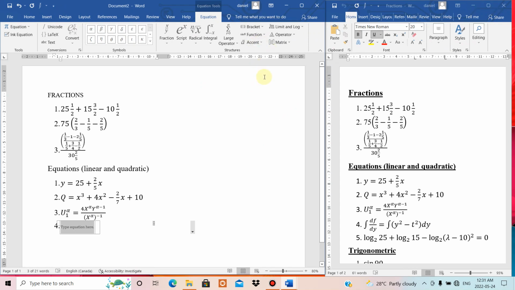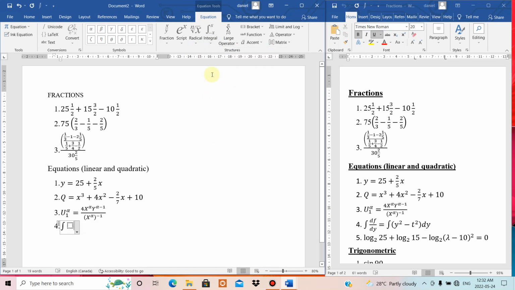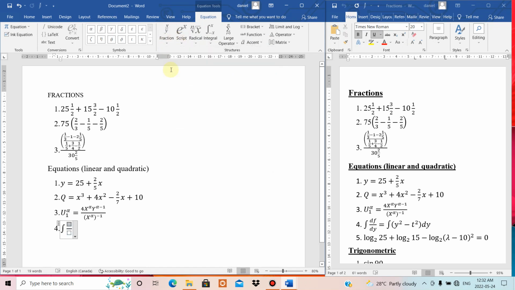Now we want our integral sign, integral with no limit, the normal integral sign. So you introduce your integral sign, and where do you find df over dy? So you can just introduce your fraction, and on top df in lower script, df on dy.